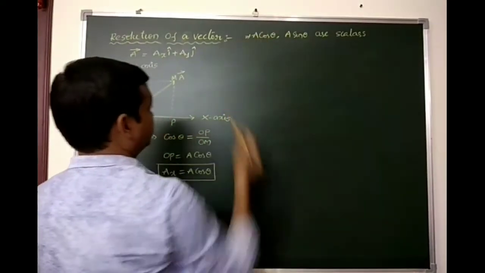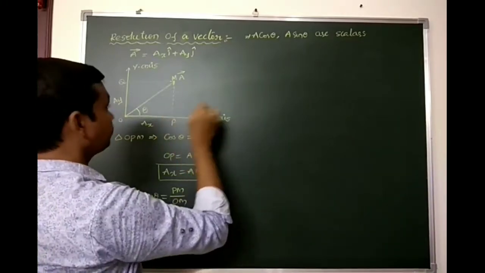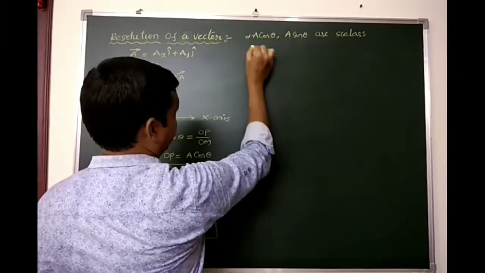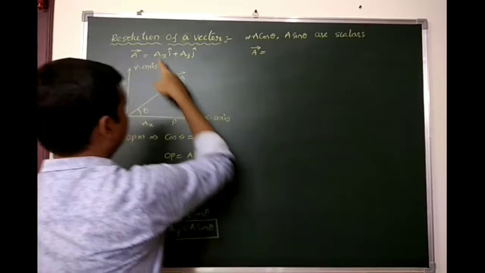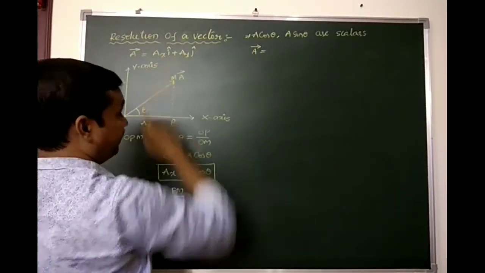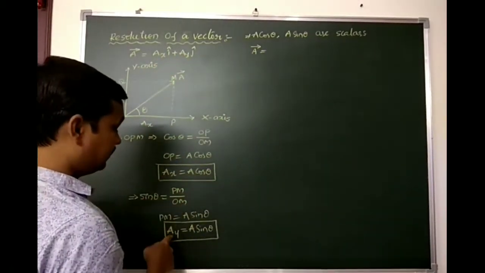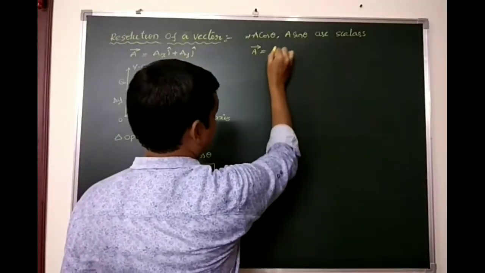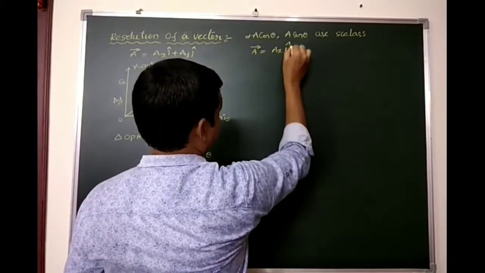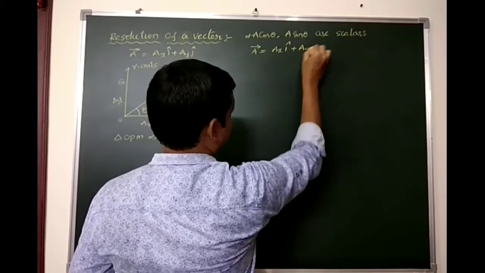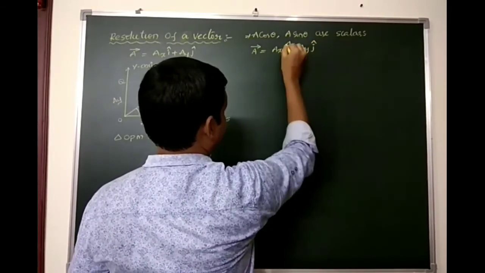And now, how can we represent a vector? A bar is equal to, according to this, Ax and Ay. This is Ax, this is Ay. So we can represent Ax i cap plus Ay j cap.